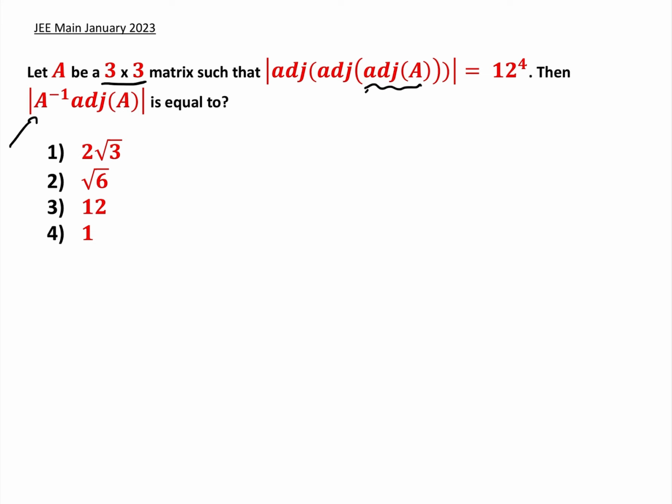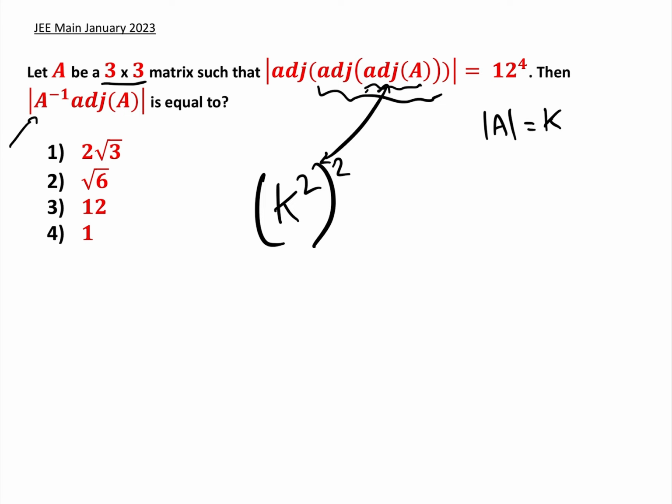Well, let's let the determinant of A be equal to k, just to make it slightly easier. Okay, so the determinant of the adjoint of A is k squared. So therefore, the determinant of the adjoint of the adjoint is k squared squared, and the determinant of the adjoint of the adjoint of the adjoint is k squared squared squared.